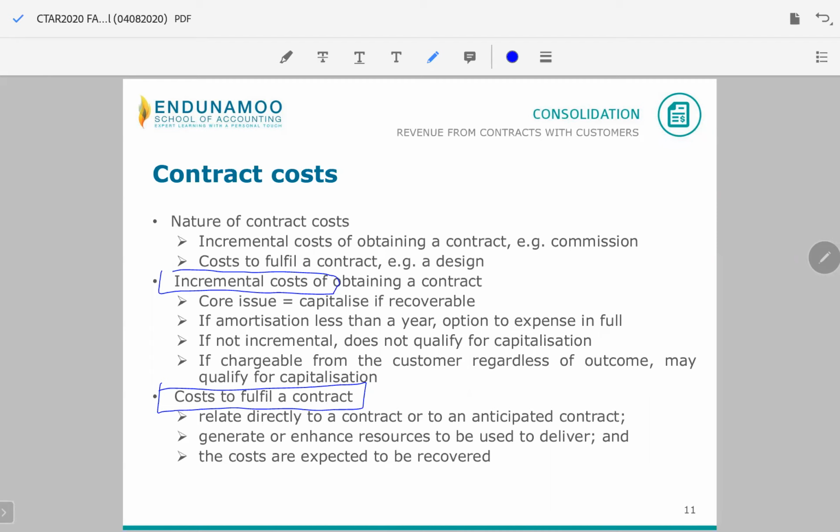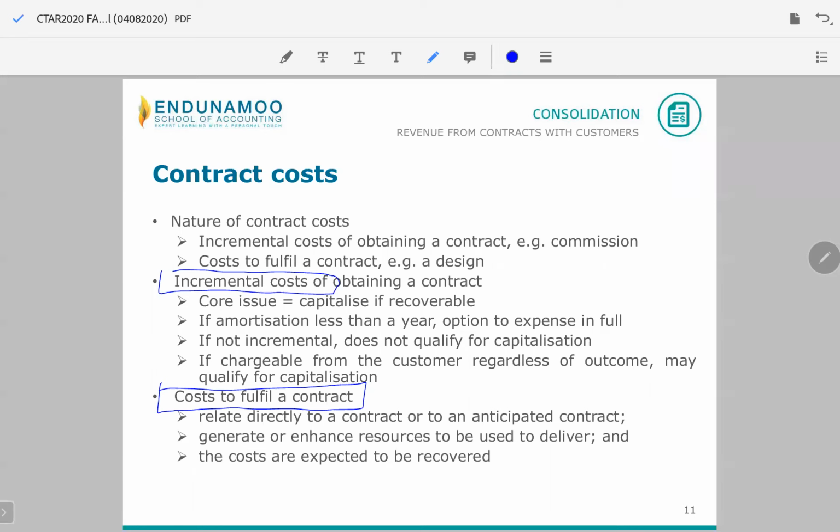But the standard says that if you are to amortize over a period of less than a year, you may expense it on initial recognition. If the costs are not incremental, in other words, this is the fixed salary base of your sales staff, then that cost will not be considered incremental.